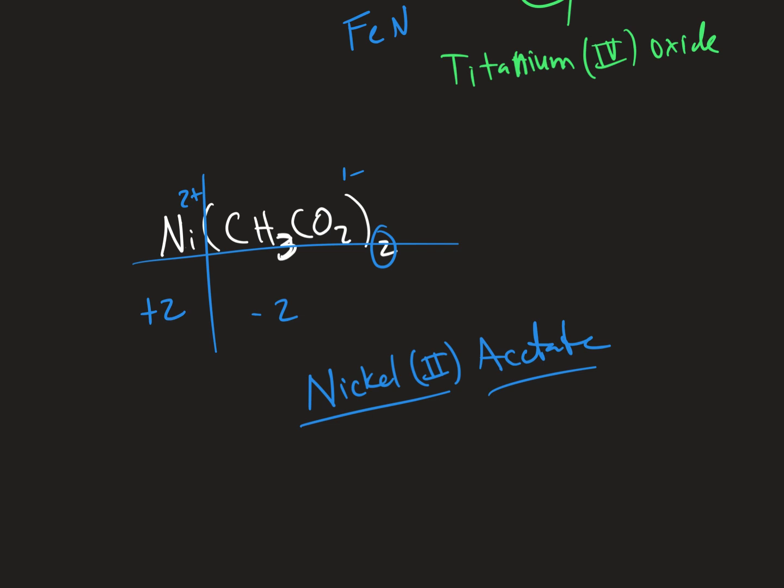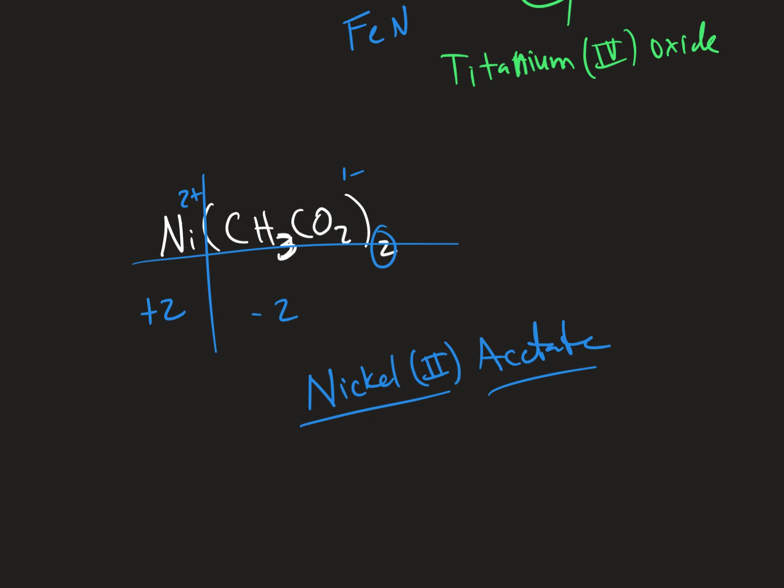I have a question. Yeah. Where did the -1 on top of acetate come from? It comes from knowing that acetate is a 1- charge. Oh, right. Yep, you gotta know it. It's part of the polyatomic ion, you just have to know it. We're not gonna go into the details of why it is, but you just have to know it.